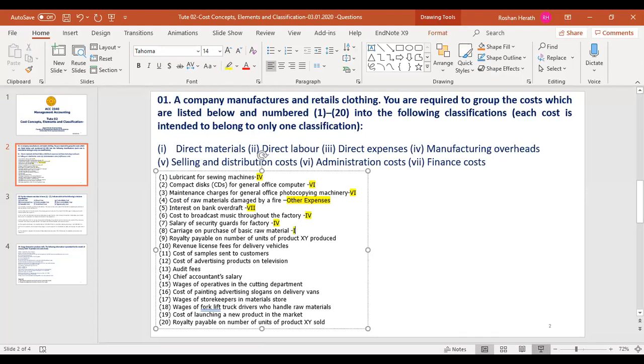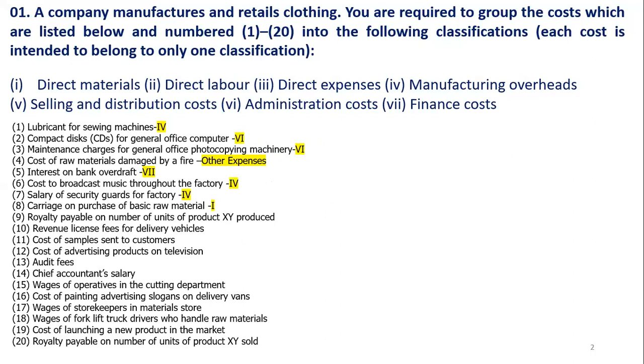Right. Then we have the royalties payable on number of unit of product XY produced. So sometimes for the design of a particular clothing, you may be taking the design from an outside party. In that, you may have to pay a kind of royalty on that. So it may be based on the number of units that you produce. If you have to pay the royalty based on the number of units that you produce, yes, as you have very correctly indicated, it's going to be a kind of direct expense.